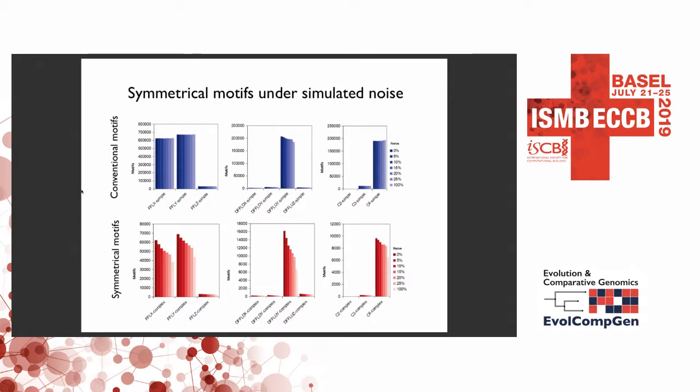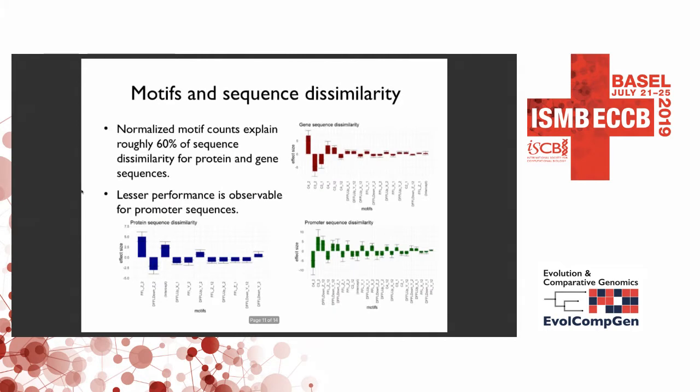While the regular motifs in most cases, except in a special case of the feed-forward loop, generally stayed invariant under noise as well as in completely random data, we nevertheless observed that symmetrical motifs declined to a noticeable degree when we simulated noise.